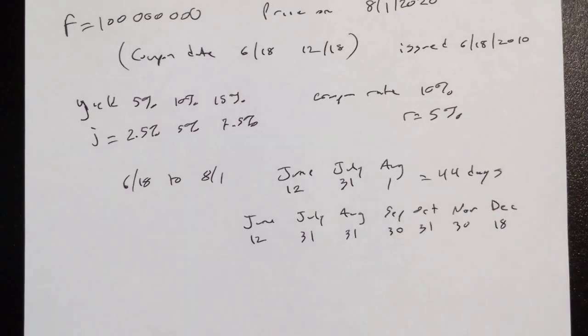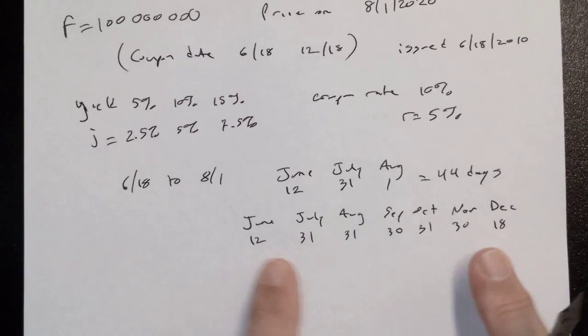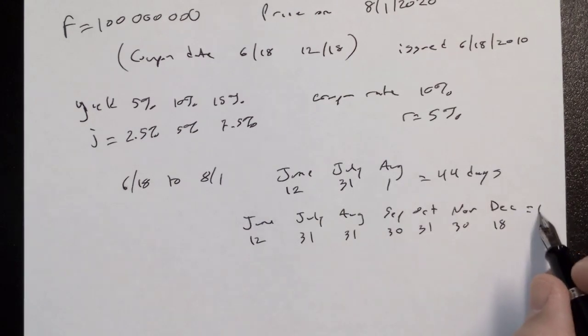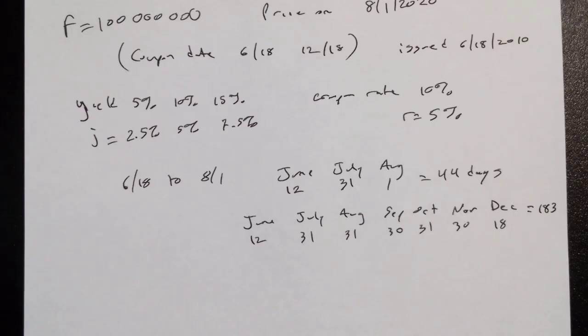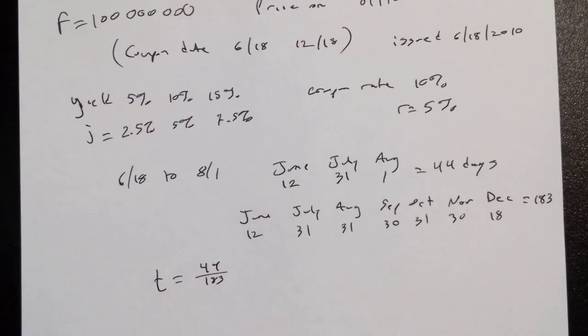There we go. How many days? There's 30, right? 18 and 12. Two more 30s is 90, and 93 is 183 days. So using the actual method, I use T equals 44 over 183.